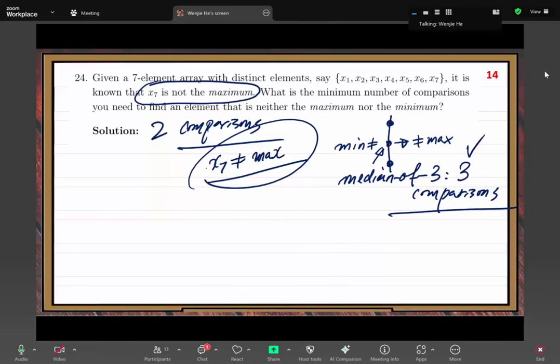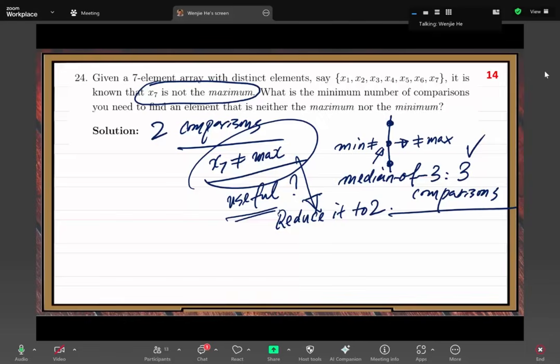First, we need to evaluate if this information is useful or not. If it is useful, then we can use it to reduce the number of comparisons, from 3 to 2. If it's useless, then we get 3 comparisons.